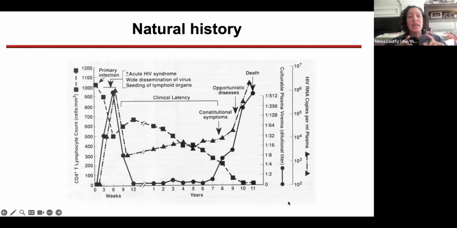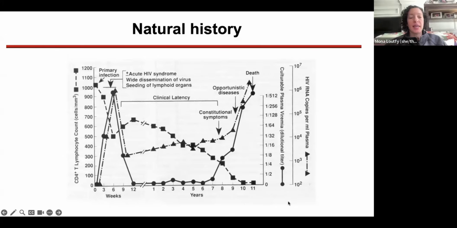Do you see what I mean? It's believed that it's to macrophages in the genital tissue. Then the virus is making copies of itself and then infects other cells.